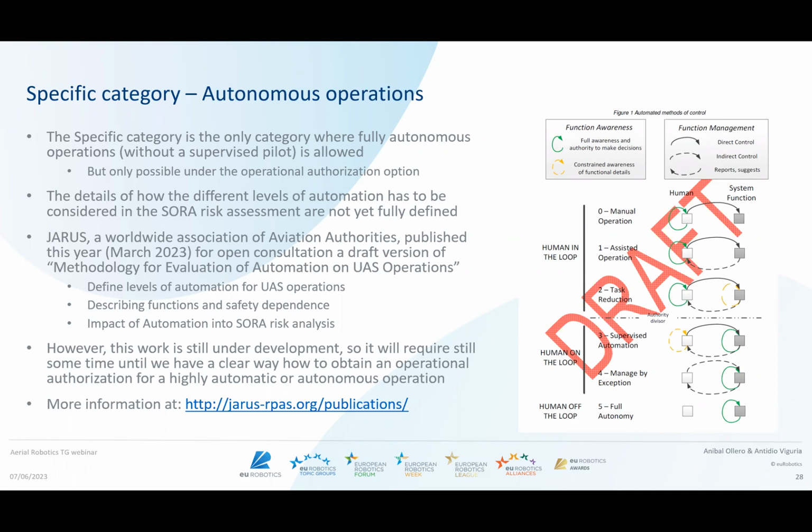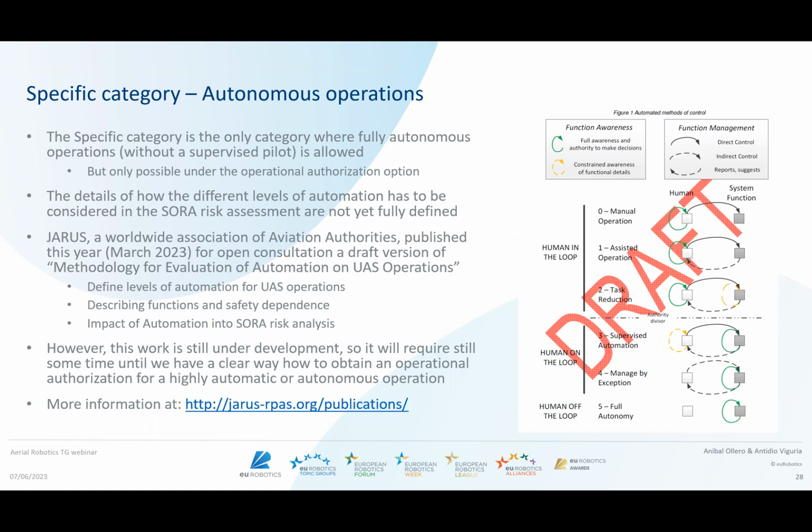The details of how different levels of automation can be considered in the SORA risk assessment that we mentioned are not fully defined by the authorities. However, JARUS, a worldwide association of aviation authorities, published this year a draft version of the methodology for evaluation of autonomous UAS operations. Here is the link, and you can see the document.